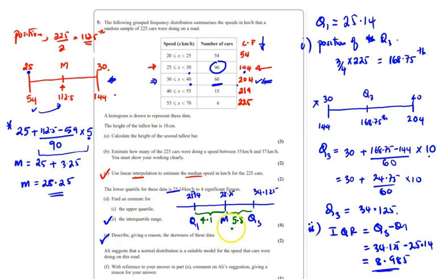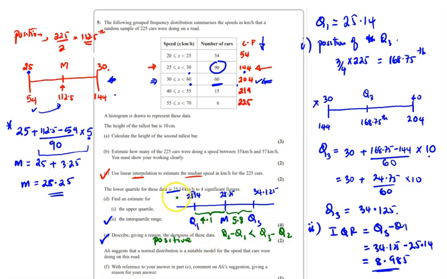The median, which you can call Q2. It means that Q2, the median, minus Q1 is less than Q3 minus Q2. It means that we have a positive skewness.